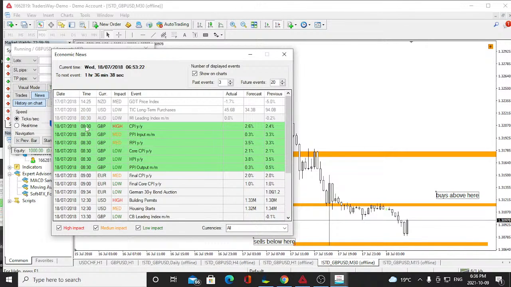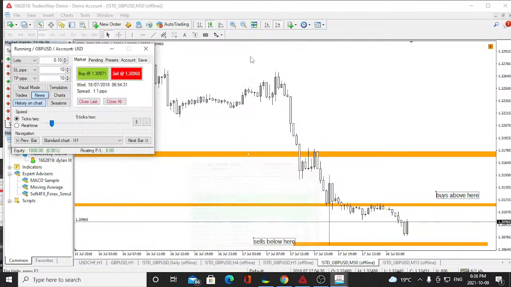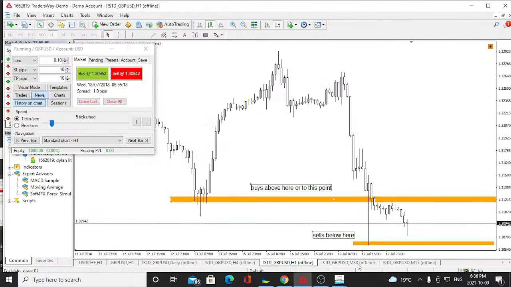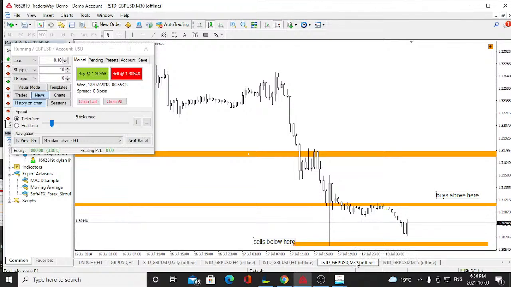We have news here at 8:30. If today's a news day, we want our trade to be before 8, so there are about 2 more 30-minute candles before 8. I want to continue to be precise, on a candle per candle basis.